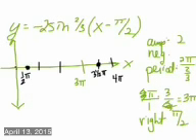Now normally, if I was drawing the original one, what's half of 3? 1.5 or 3 halves. But everything got shifted to the right a half. So what's 1.5 plus a half? 2. So now it's also going to hit right here.